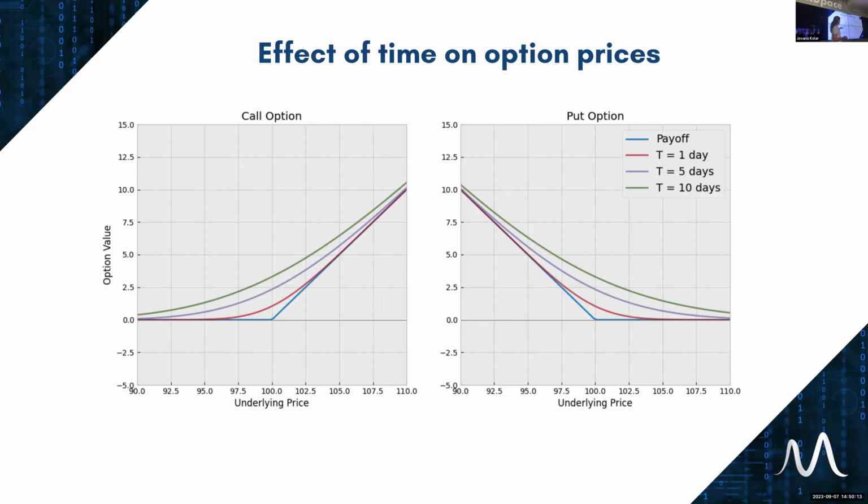Right? With more days to expiry, you have more time for the underlying to move. So yeah, you can think of more time as more volatility. Basically it's the same concept as before, right? There's more extrinsic value with more time. Any questions? Okay.